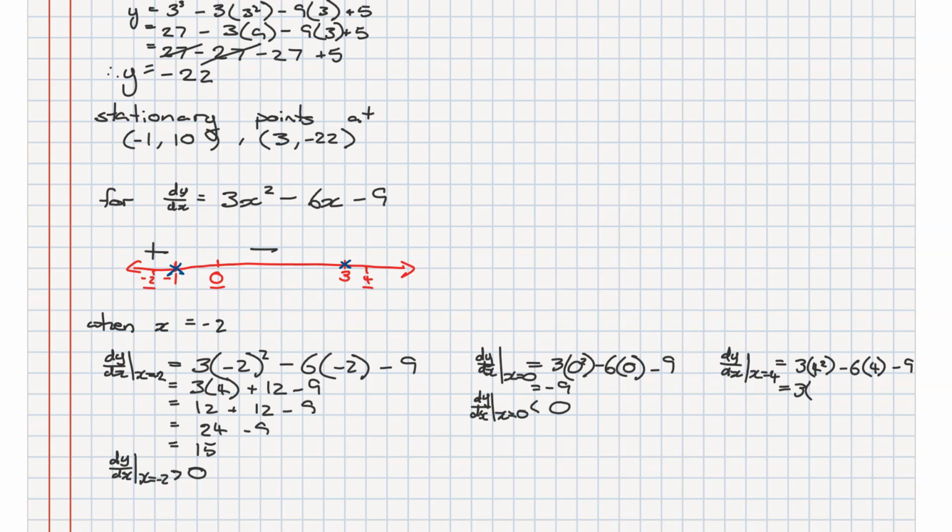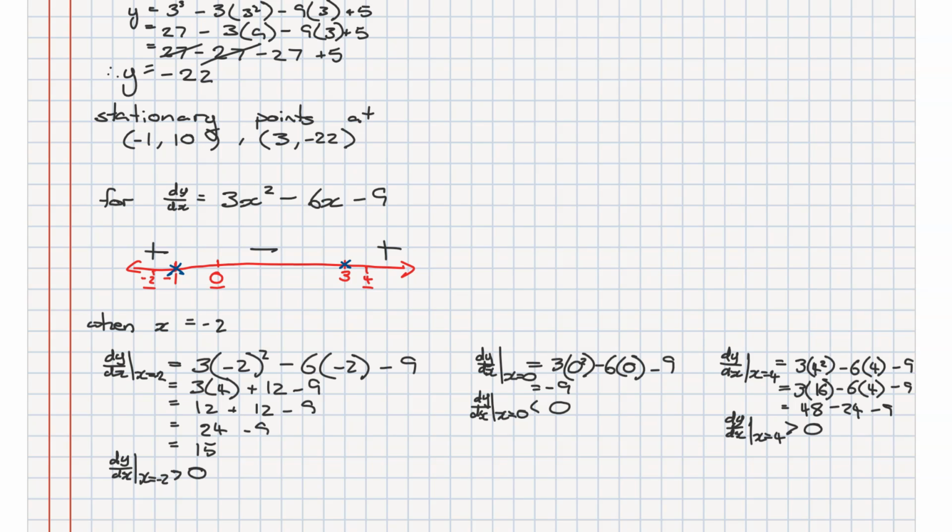This will be 3 times 16, 6 times 4, so that'll be 24. So pretty much, I believe that's 48 minus 24 minus 9. It's going to be greater than 0. So dy over dx is greater than 0. So our sign diagram is going to go positive, negative, positive.